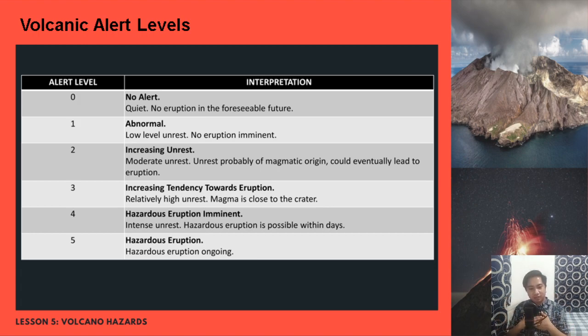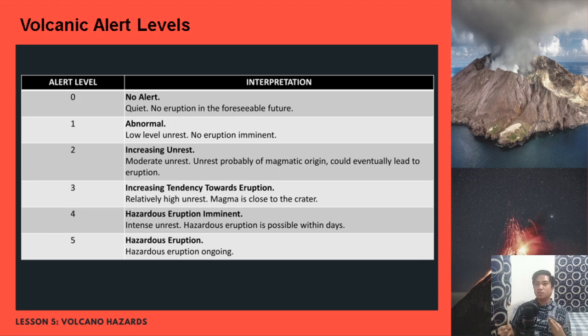Next is your level 3, increasing tendency towards the eruption. So there is relatively high unrest. So magma is close to the crater. So usually, there is already what we call as the crater glow. Nagasigrab-sigrab na ang sa baba sang imo volcano. And then, for level 4, we have your hazardous eruption imminent. So, there is already intense unrest. Kumbaga, nagaluad-luan, naging si magma.